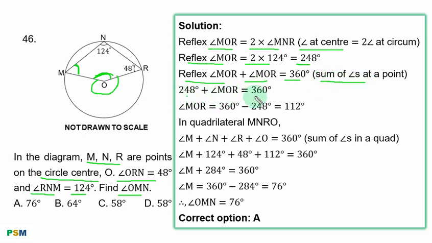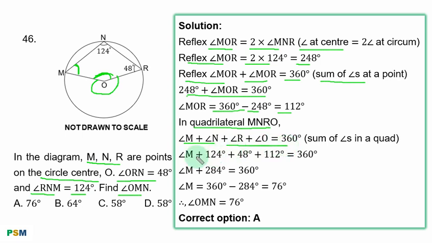The obtuse angle becomes 360 degrees minus the reflex angle, 248 degrees. You have 112 degrees. In quadrilateral MNO, if you add the 4 angles, the sum is equal to 360 degrees.